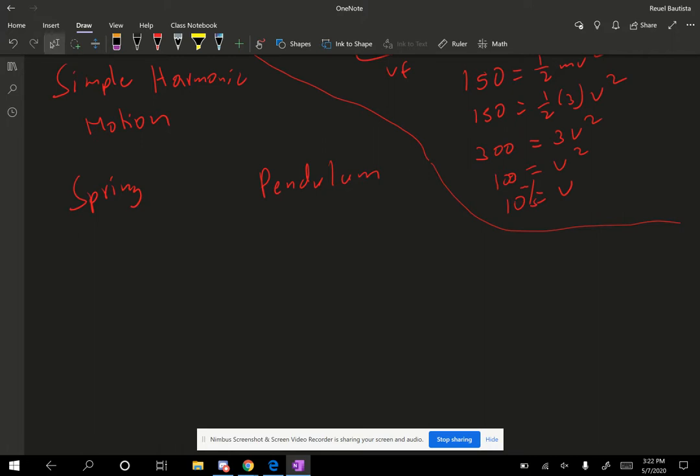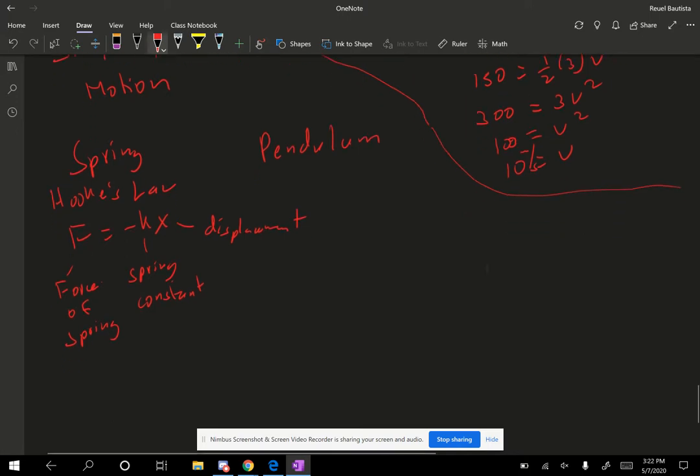Okay, so the idea of simple harmonic motion, the equations that we're going to need to know. Let's work with spring first. First is Hooke's law. Hooke's law understands that F is equal to negative kx, right? So the force of a spring is equal to the spring constant k times x, the change of x, which is displacement.